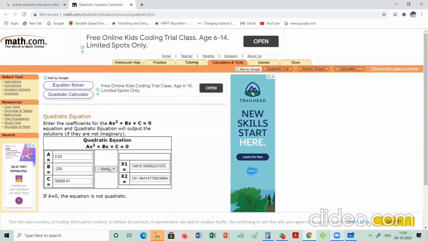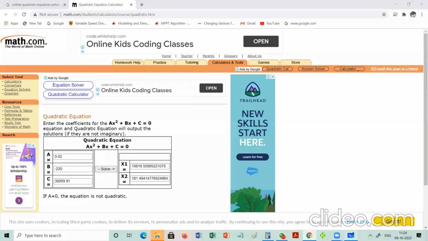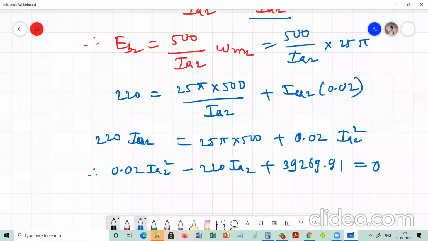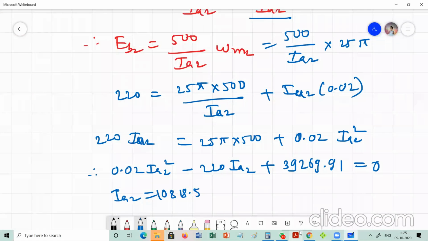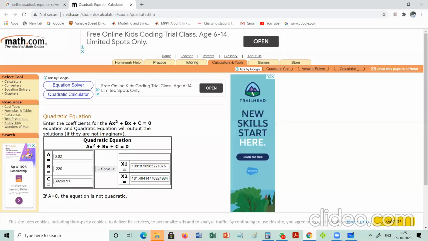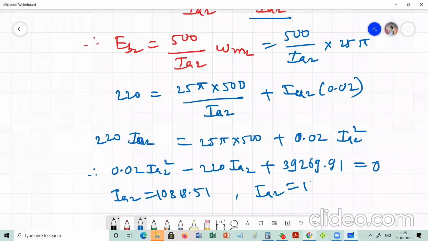These are the values. IA2 will be either 10,818.51 or 189.49.